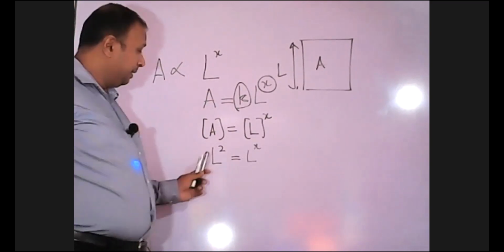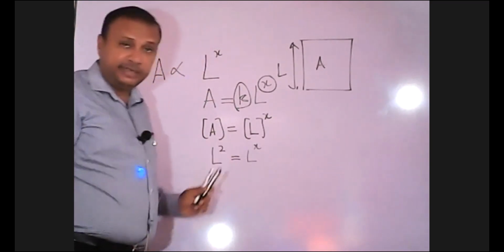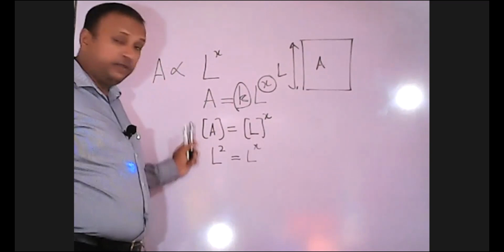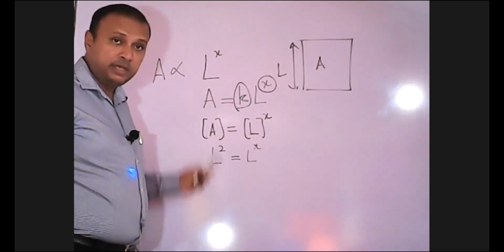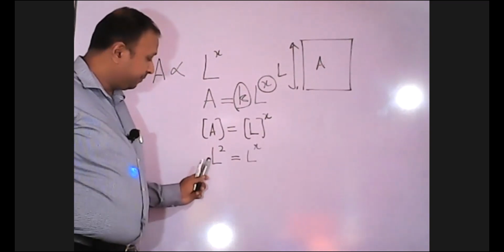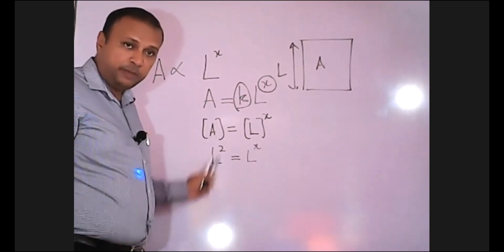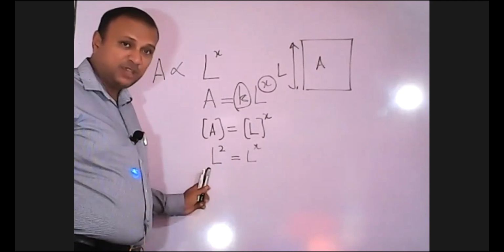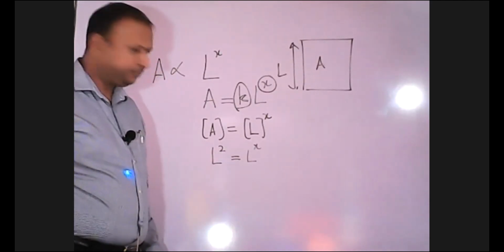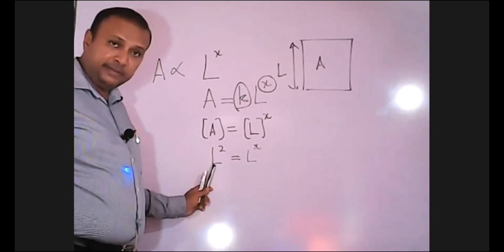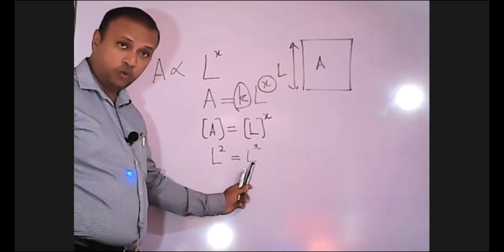So this is an equation. Again, this is an equation. So if there is a base with a power in the left hand side, that should be in the right hand side too. Here L is here and L is here too.